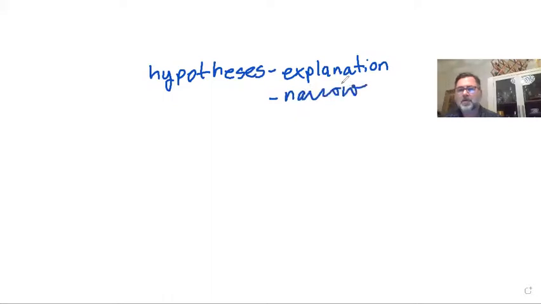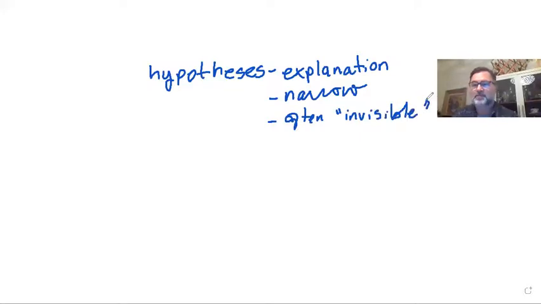What I mean by that is it's for a certain set of cases you can actually observe. We'll get into examples. And let's say it's often "invisible." I'm going to put that in quotes because I don't mean it's there, but you can't see it.